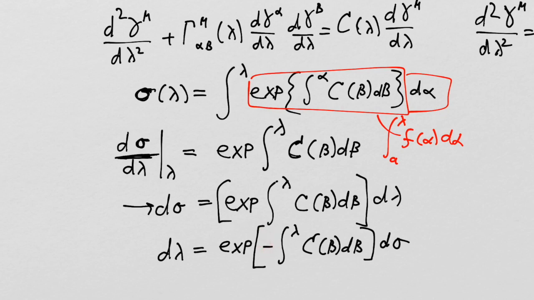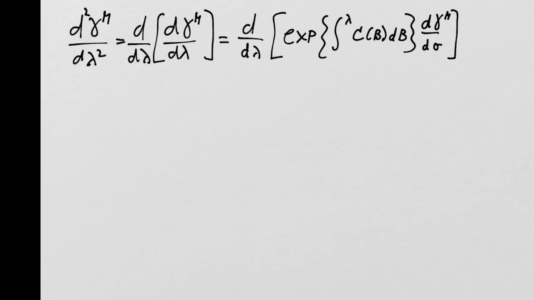Notice there's a negative sign there. So when I replace this d lambda with that object, I end up with the d sigma there, and the exponential goes into the numerator instead of the denominator because I got rid of the negative sign of the exponent. That makes it its reciprocal. So that is the first step of this expression.